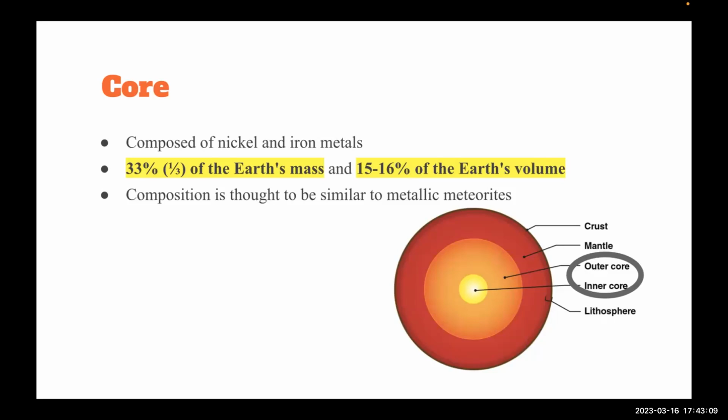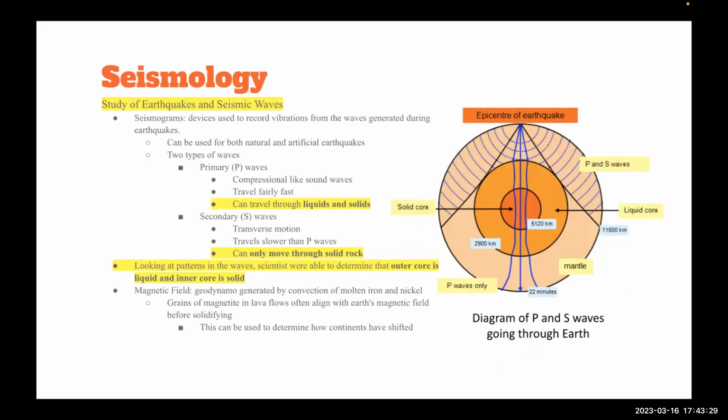Whether it's the inner or the outer core, they have very similar composition. Just think nickel and iron, the same composition you would find in meteorites. The only difference is that the outer core is liquid and the inner core is solid. How do we know this? Using seismology. When you send out seismic waves, geophysicists can determine how fast the waves are reflected.